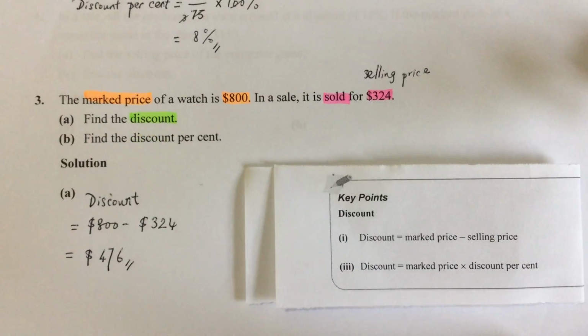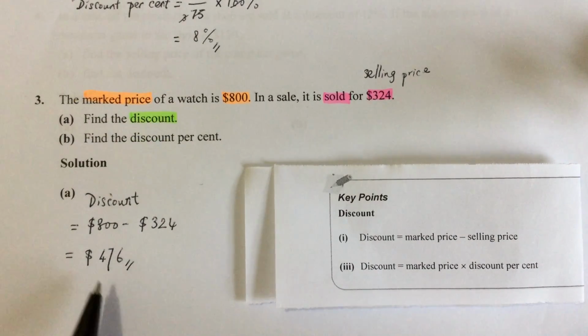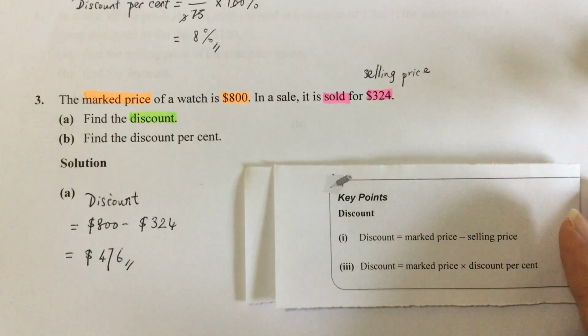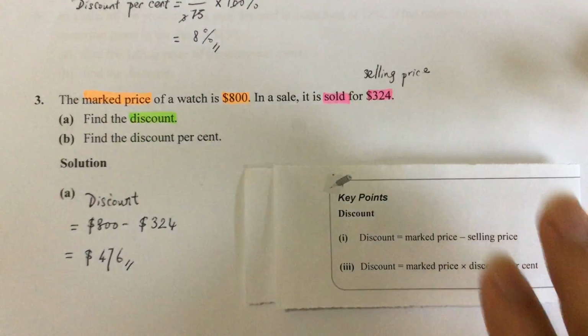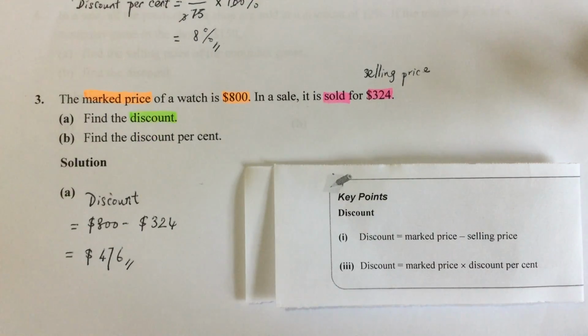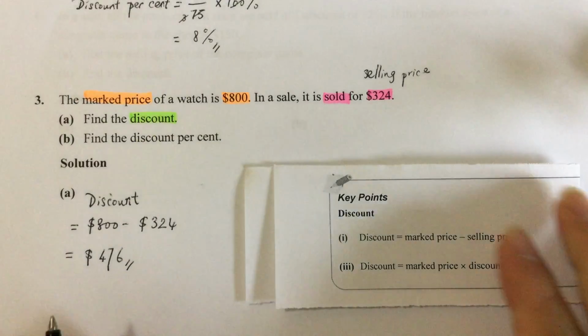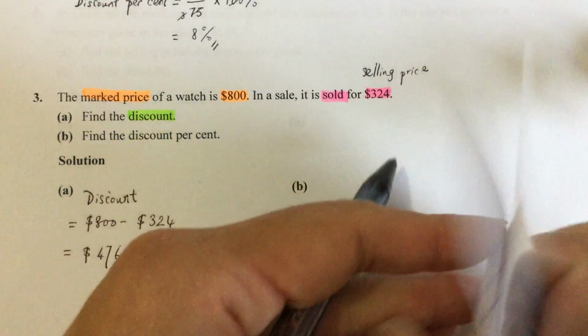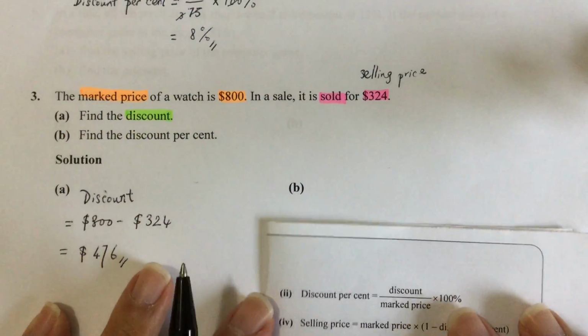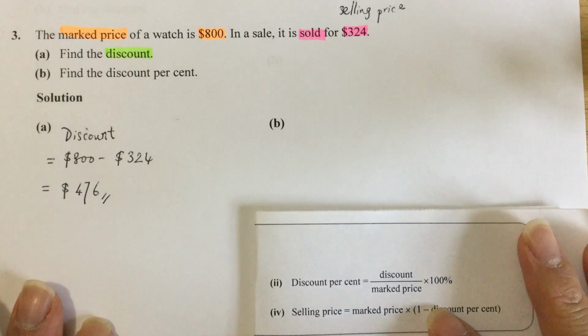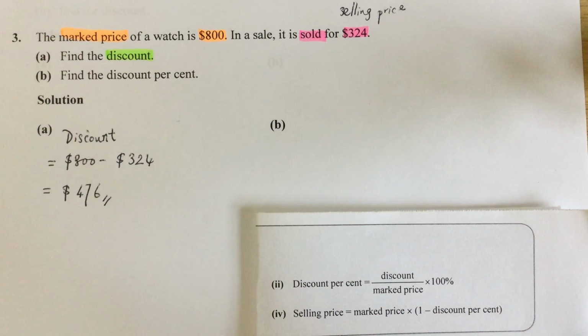So it's a very big discount for this shop. I'll give you 5 seconds to understand it. And next, you are going to find the discount percent. Let me turn to the question 2 formula, so that with the 476, please do it by yourself in 15 seconds.